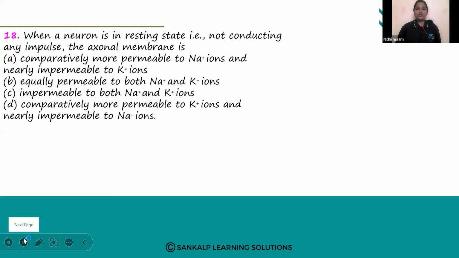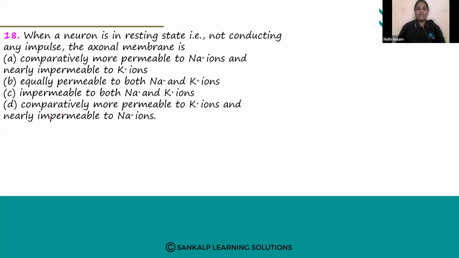Next, when a neuron is in resting state, meaning it is not conducting any impulse, the axonal membrane is comparatively more permeable to sodium ions and nearly impermeable to potassium ions, equally permeable to both sodium and potassium ions, impermeable to both sodium and potassium ions, or comparatively more permeable to potassium ions and nearly impermeable to sodium ions.